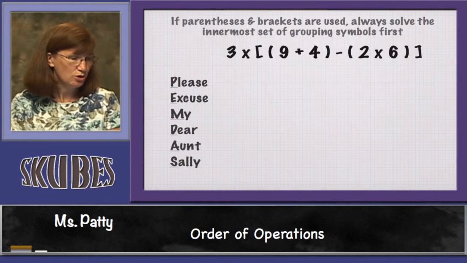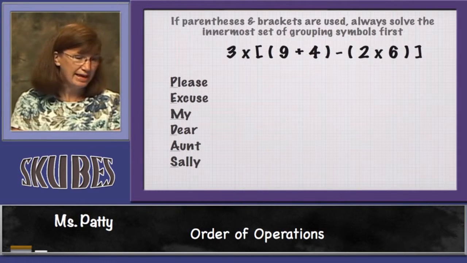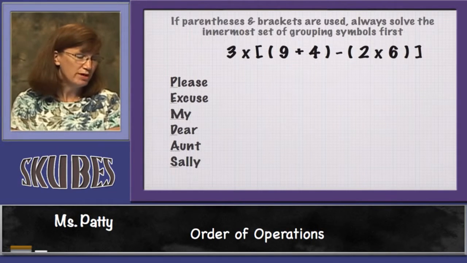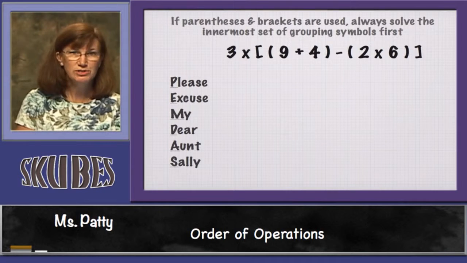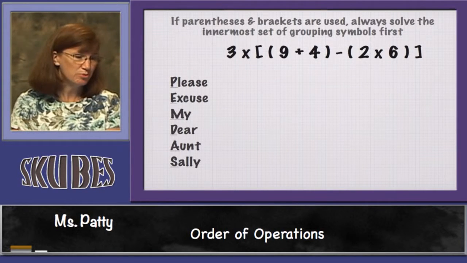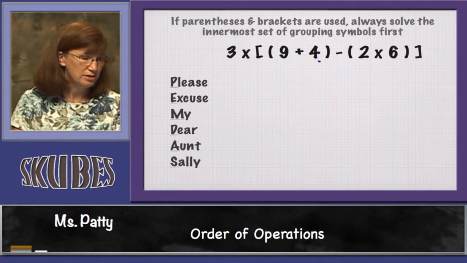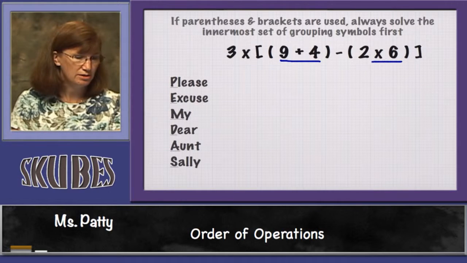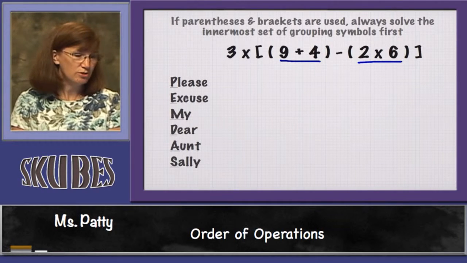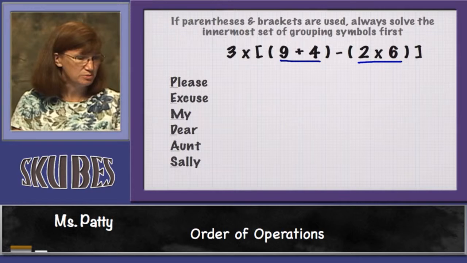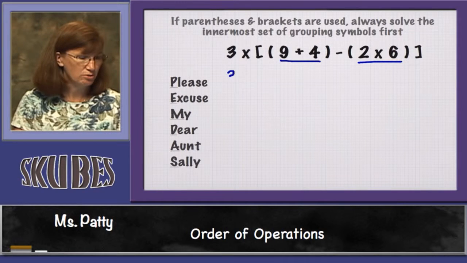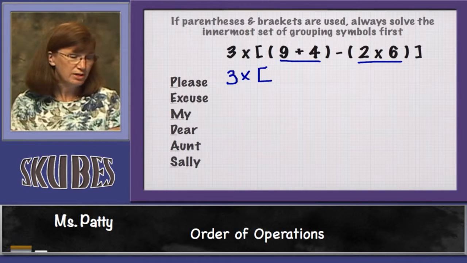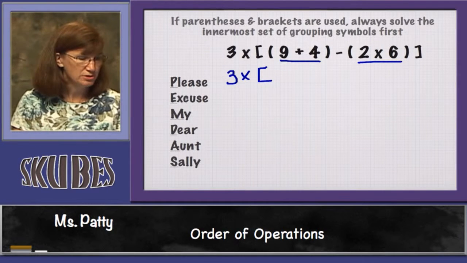Let's move on to one that has parentheses and brackets. When we have parentheses and brackets, we always solve the inside problem first. That would be this and this. So we'll start with those numbers within the parentheses, but I'm going to write the problem as I go. 3 times, I'm going to use the bracket. 9 plus 4 is 13.